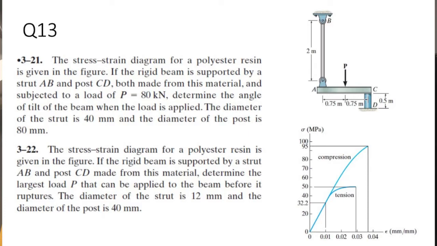The given 0.75 mm here and here is to know the position of force P. We can read that the load P is equal to 80 kN, the diameter of the strut on top is 40 mm, and the post below is 80 mm. So what we want to find is the angle of tilt of the beam when the load is applied.